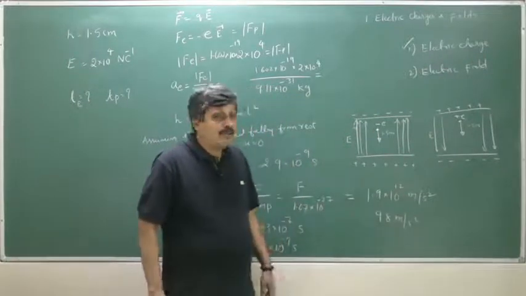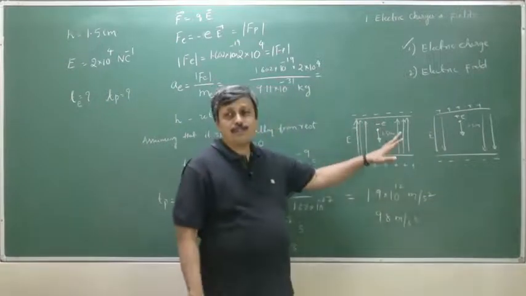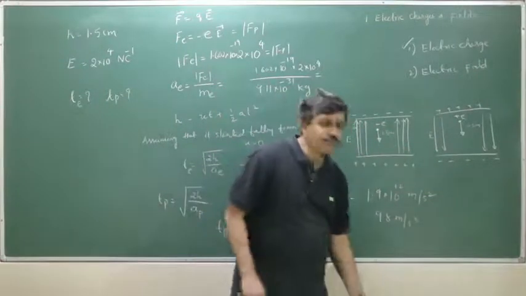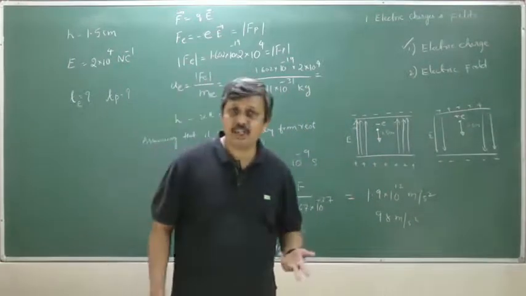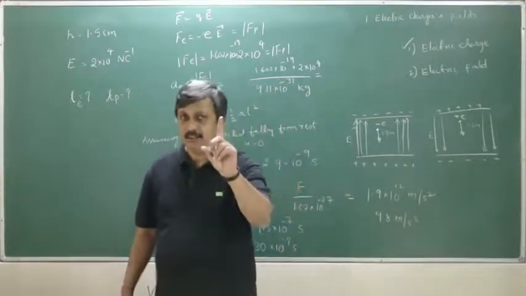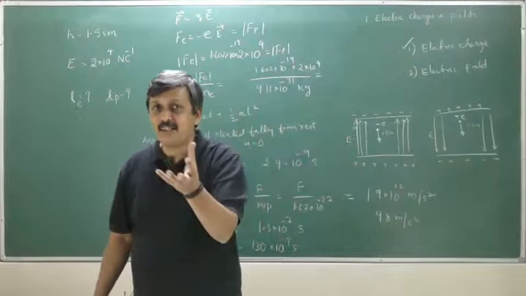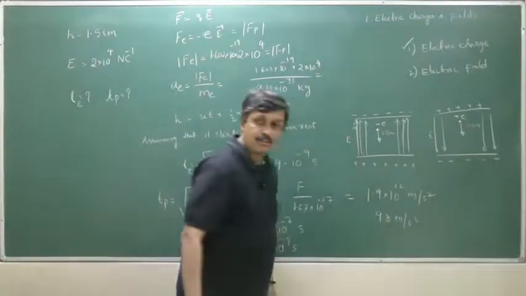So when it is falling here, this E is making it fall, but also the gravitational force is pulling it down. So we would have actually added the gravitational acceleration to the acceleration that is produced here, but we neglected it. Were we justified in neglecting? Yes. This was just 9.8 that we did not take into consideration.